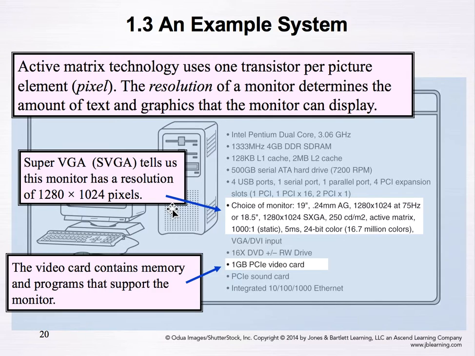We also can see that the monitor system of this one is SVGA. The resolution of this monitor is 1280 times 1024 pixels. So that's the resolution of the monitor.